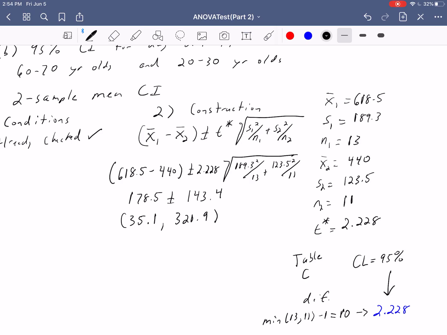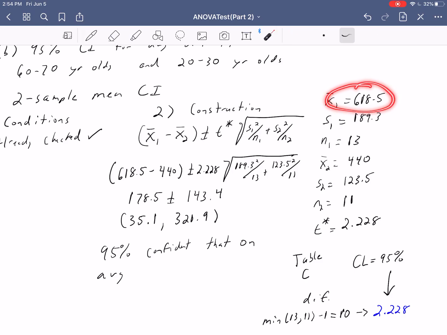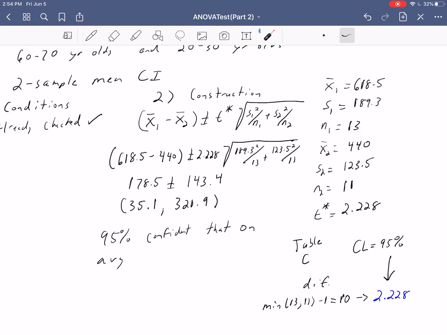Now we can write our interpretation. We are 95% confident that on average, now again, we could say that this is just where the average difference lands, but since we did the 60 to 70-year-olds minus the 20 to 30-year-olds, this is how much more time it takes the 60 to 70-year-olds to react.